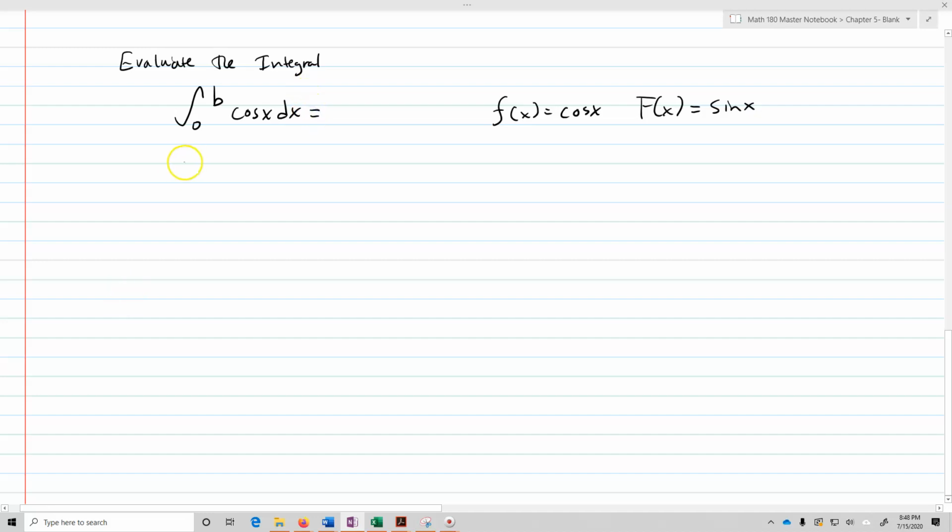So this is sine x evaluated from 0 to b, and that equals sine of b minus sine of 0, which is simply sine of b. Even though we have a variable as one of our bounds, it doesn't change the fundamental theorem of calculus. We still work with it the exact same way.